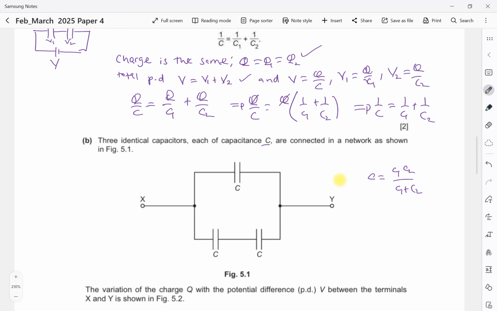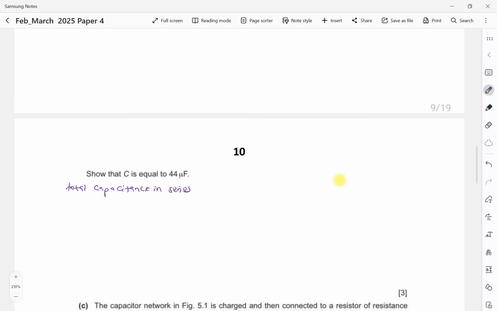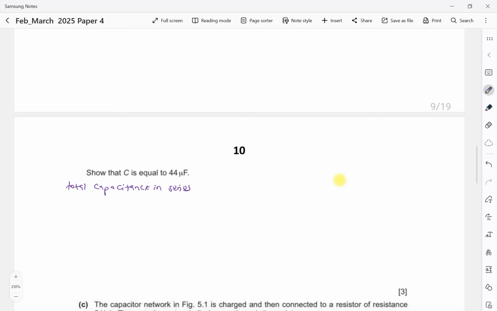When you get the LCM and take the reciprocal, this is what you get. So for capacitors in series, total capacitance is the product over the sum. So total capacitance in series is going to be C times C over C plus C, which is C squared over 2C, which is the same as C over 2, or just half the capacitance of 1. If you know that, you don't even need to derive that.